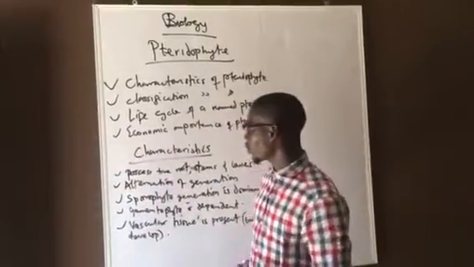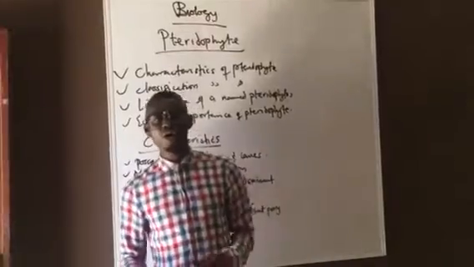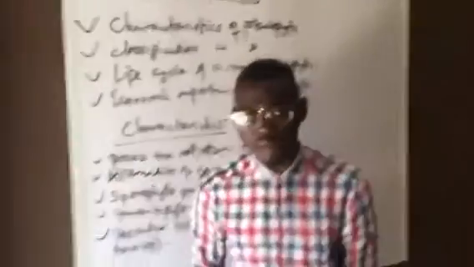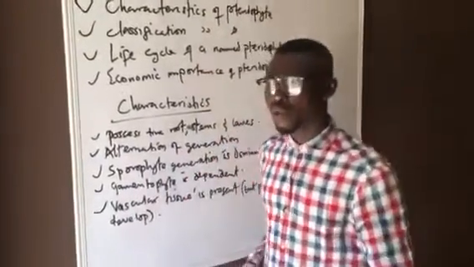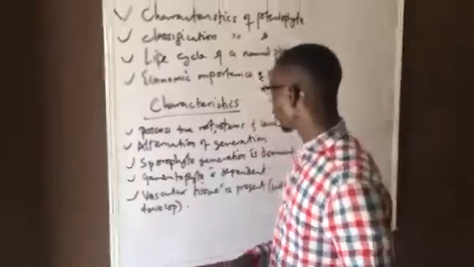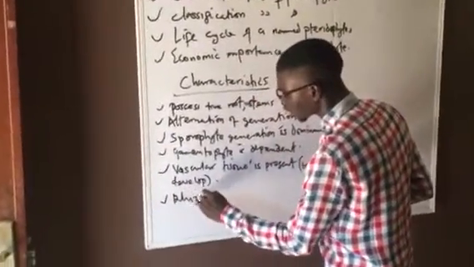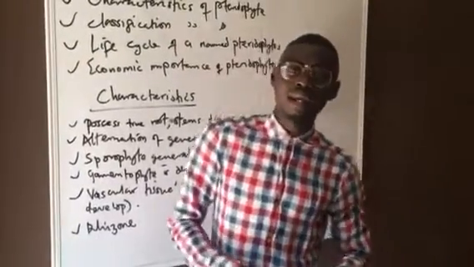They have true roots, stems, and leaves. They have a horizontal stem, which we call rhizome. This rhizome is a form of horizontal, underground stem.